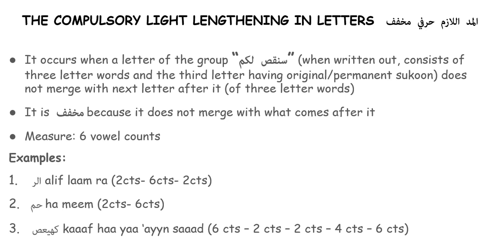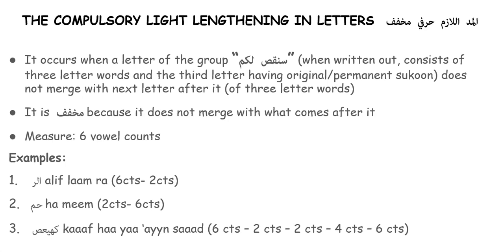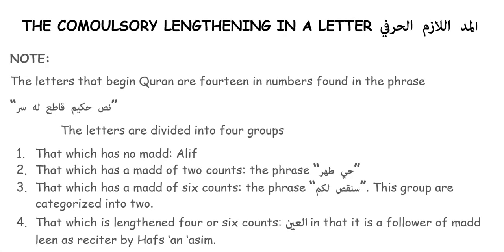I think there is an error here. The alif is without madd. The alif is only pronounced as alif, just alif, then lam, ra. So ra is one of the letters previously mentioned in Hayya Tuhri, that it is to be given just 2 counts.